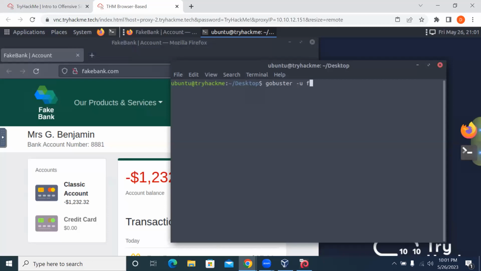-u, we say is fakebank. Remember to put the name complete, http fakebank.com.